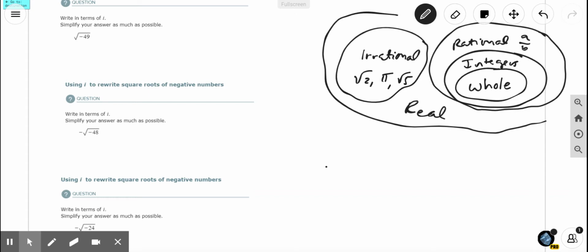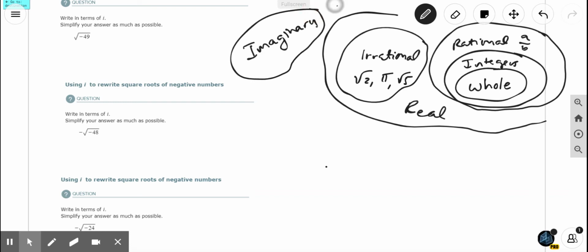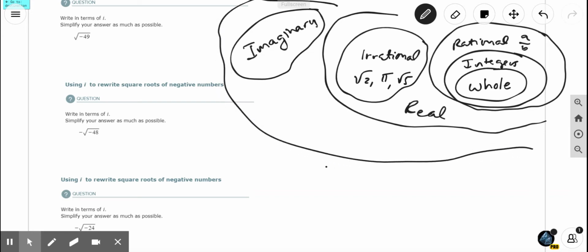Now today you are going to learn what's the opposite of real? Imaginary. The imaginary number system is over here, and it is not part of the real system. It is imaginary. If you want to put the two together, this number system is called the complex number system. It consists of imaginary and real.